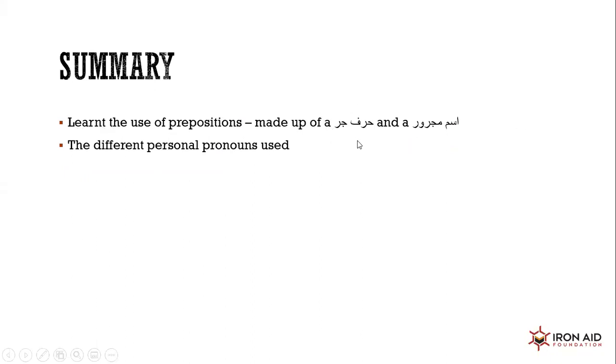This construction is made up of the harf jar first, which is the preposition, and the word that comes after it is called ism majroor, and it follows the same rules as the mudaf ilayhi that we learned before. So it will always be in the majroor case. It will have a kasra, and it can have an alif lam or not, so it can be ma'rifa or nakira as well.